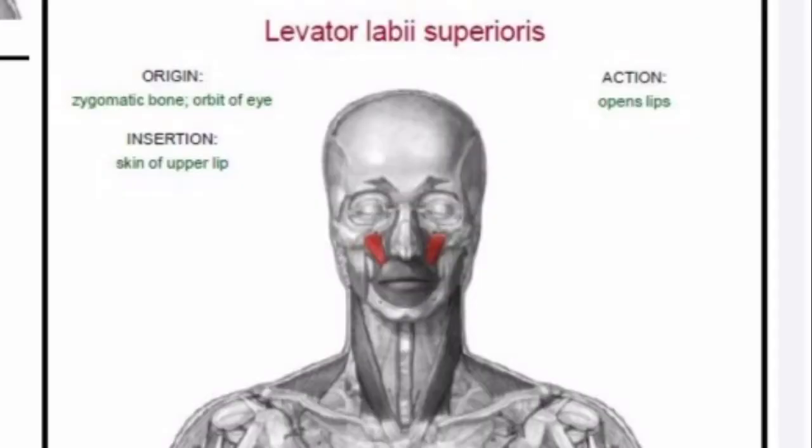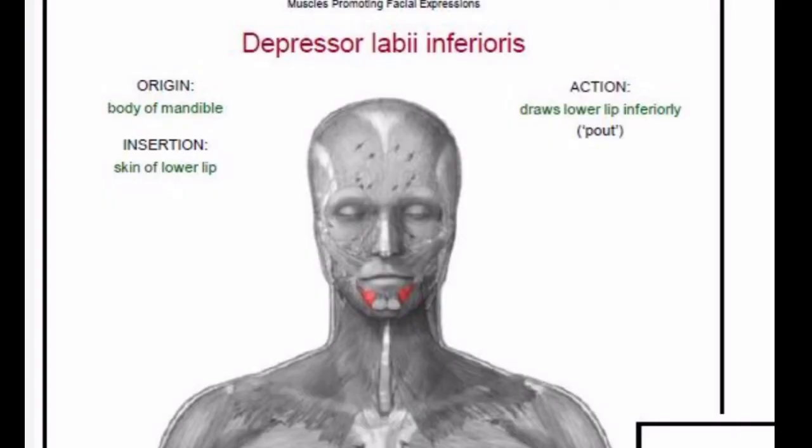The action is to open your lips. Depressor labii inferioris here. The action is to draw the lower lip inferiorly. The next is depressor anguli oris here, and the action is to draw the corner of the mouth downward.